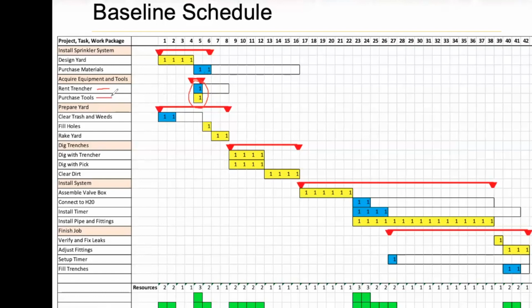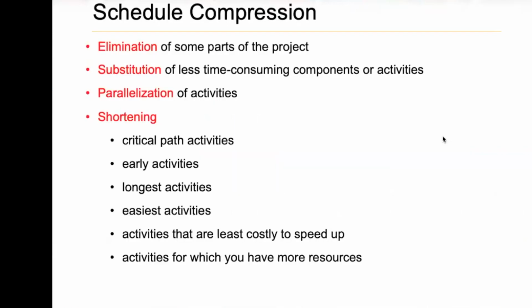Well, maybe if I decide to go to one shop and buy everything at one time, maybe I can reduce this to 1 hour, right? And I can combine these 2 tasks over here because instead of going to both shops, I can go to one shop and just buy everything there. Okay. Parallelization of activities, we'll see that, and shortening them, adding more resources.